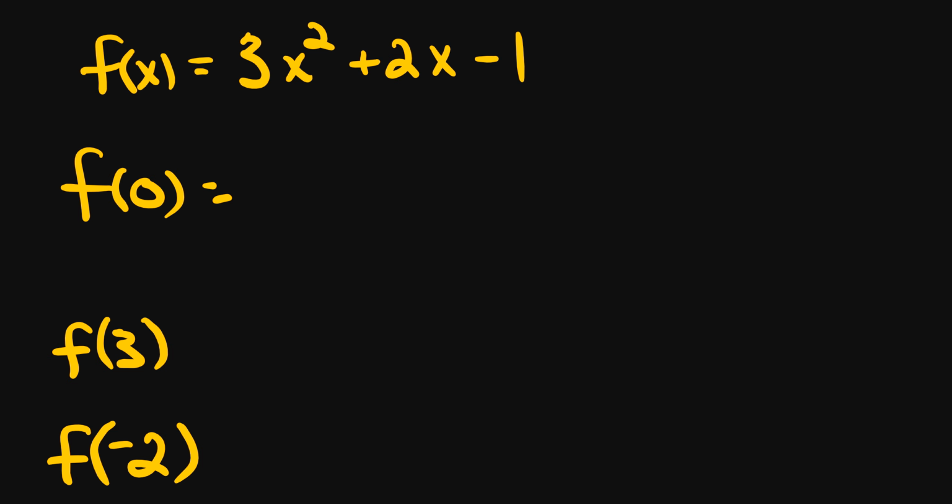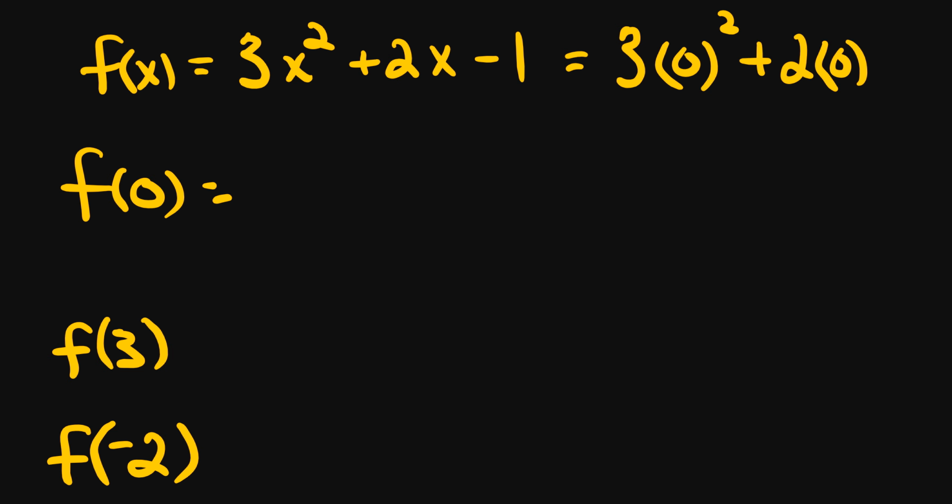Substituting the 0 for the x's in this equation, I end up with, let's see, I'll write it up as 3 times 0 squared plus 2 times 0 minus 1. So f of 0 equals negative 1. This is 0, so it's gone. This is gone. I'm left with negative 1.